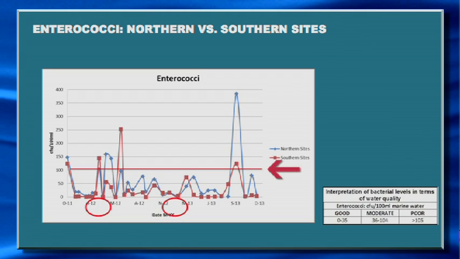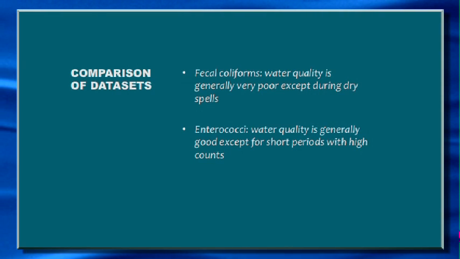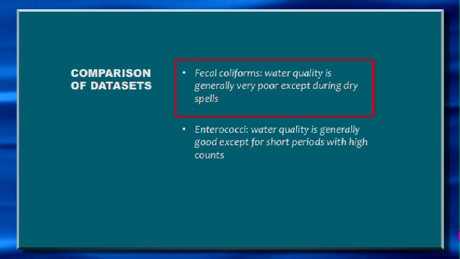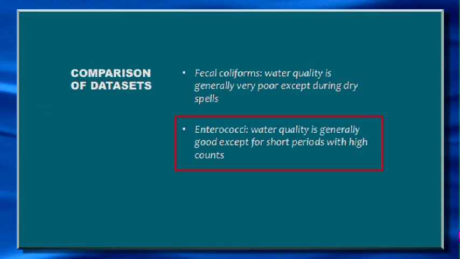And this line is the cutoff for poor water quality according to enterococci. So from doing two different tests, we get two totally different results. Fecal coliforms say the water quality is generally very poor, except during dry spells. And for the enterococci, the water quality is generally good, except for short periods with high counts.